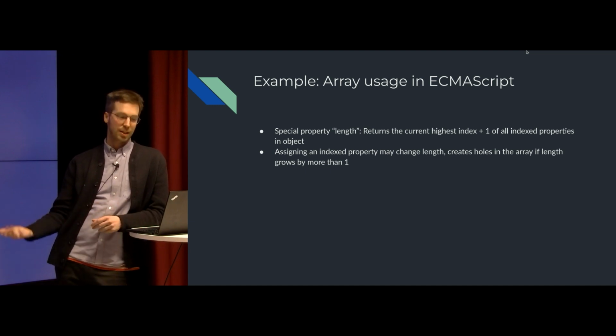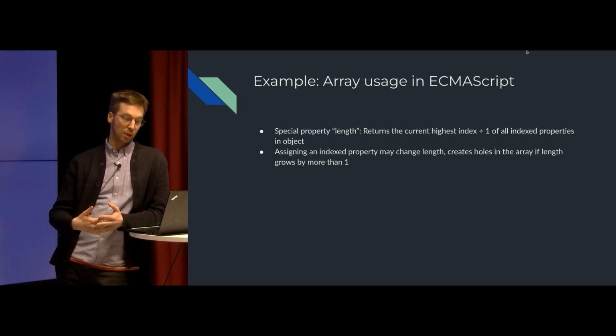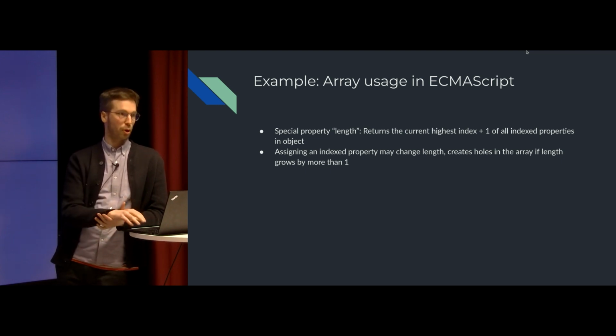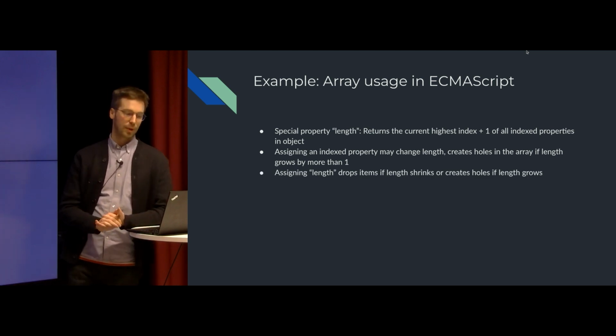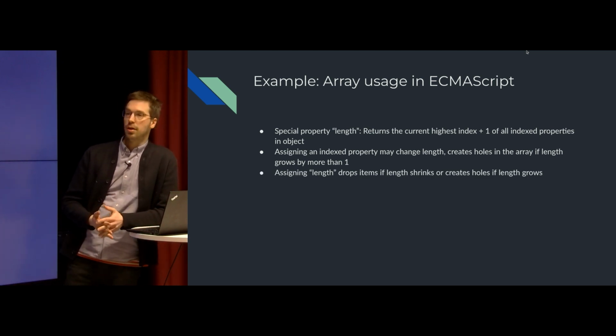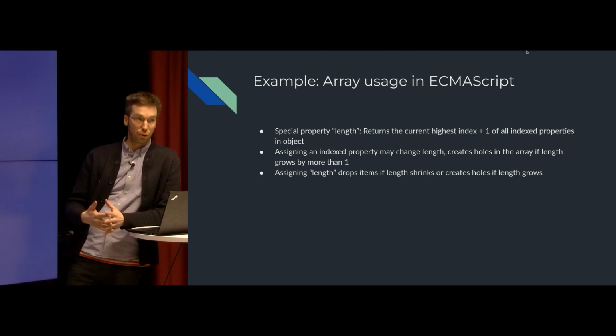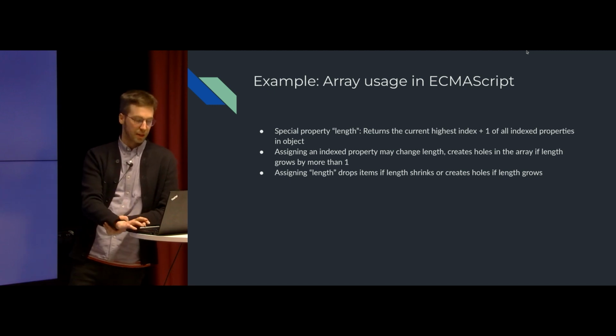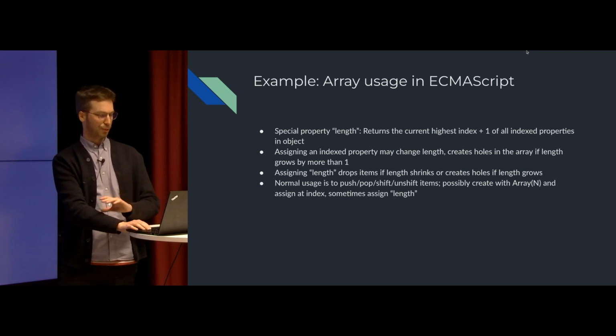And if you assign an index that is higher than the current length, then you will create holes, so the length grows by more than 1. If you assign length, it either drops items or creates holes if the length grows, or just might not do anything if you assign the same value.